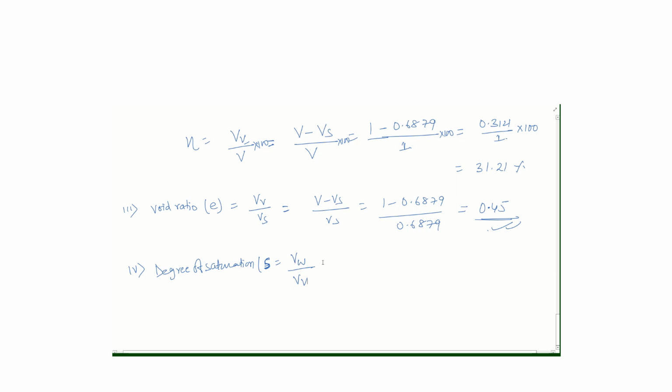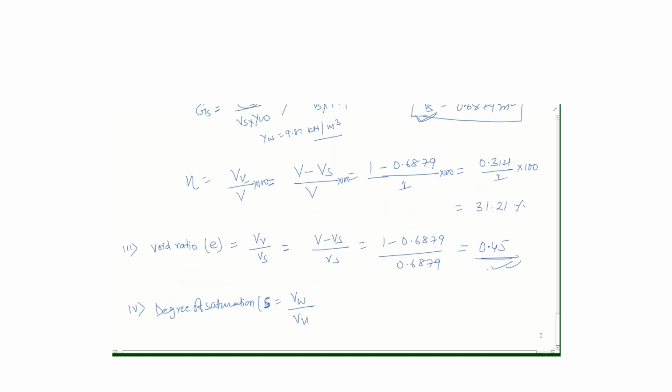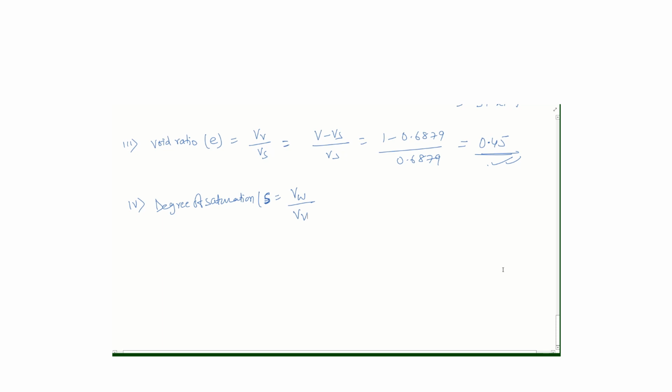We can also use one expression for degree of saturation, because we do not have the idea about the volume of water here. For volume of water, we have one formula: volume of water is equal to weight of water by gamma w.